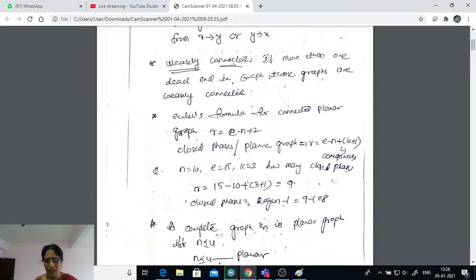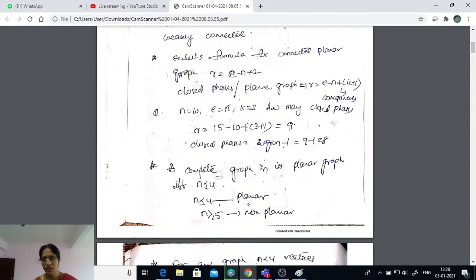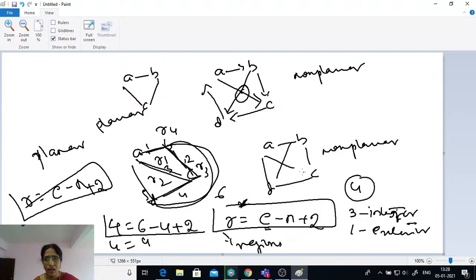Now, a complete graph Kn is a planar graph if and only if n is less than or equal to 4. So this is a complete graph. Suppose this is also a complete graph. So this is a planar graph and this is a planar graph. Complete graph means what?